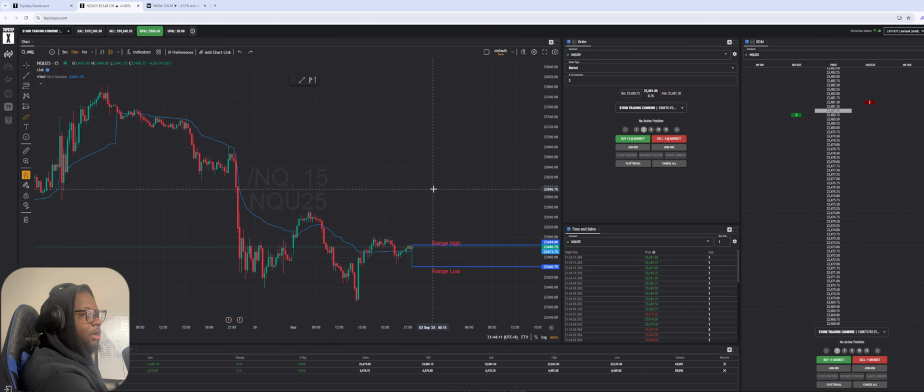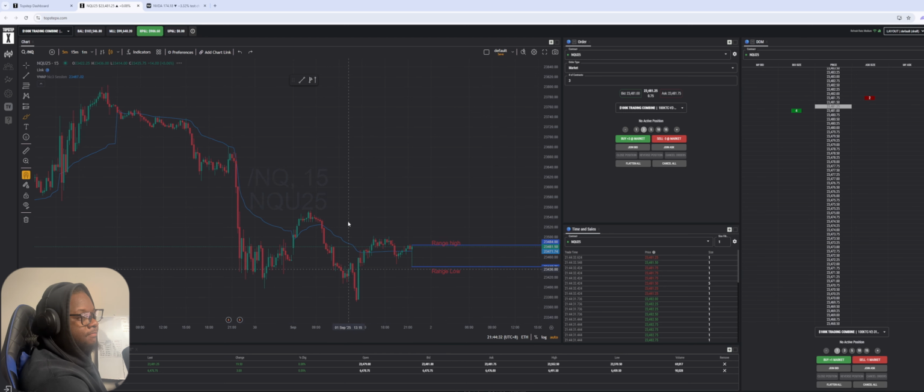If price closes below, then we wait for a pullback back into the range, either at this range here, with the stop above, or if there's a fair value gap inside here, to look for shorts to the downside. Simple strategy.